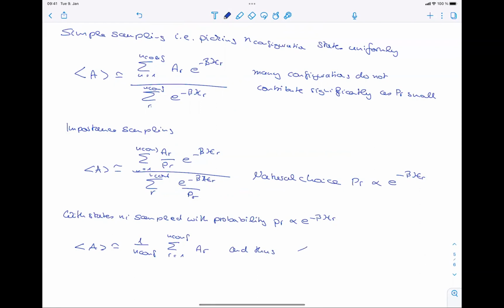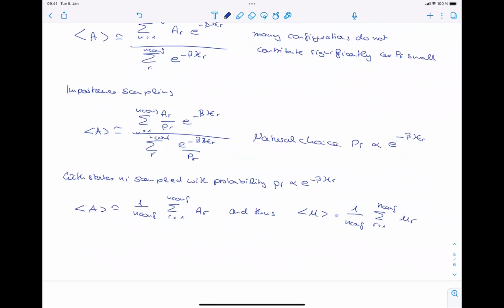And thus, if we switch to the magnetization, it would just be summing over all configurations drawn from the Boltzmann distribution.